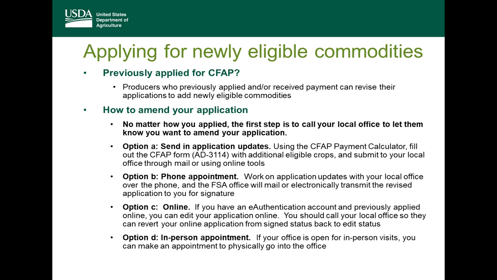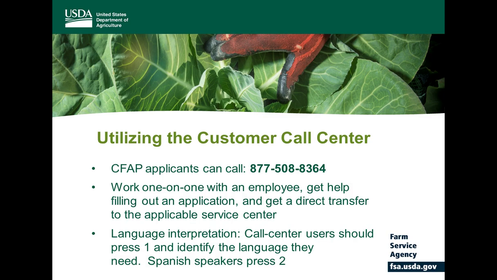The AD 3114 is the form that the calculator generates, and add any additional eligible crops that you need to submit to your office. Again, you can do this online. You can make a phone appointment, or you can call and schedule an in-person appointment. But please know that you can revise your application to include some of these new eligible commodities that you might have.